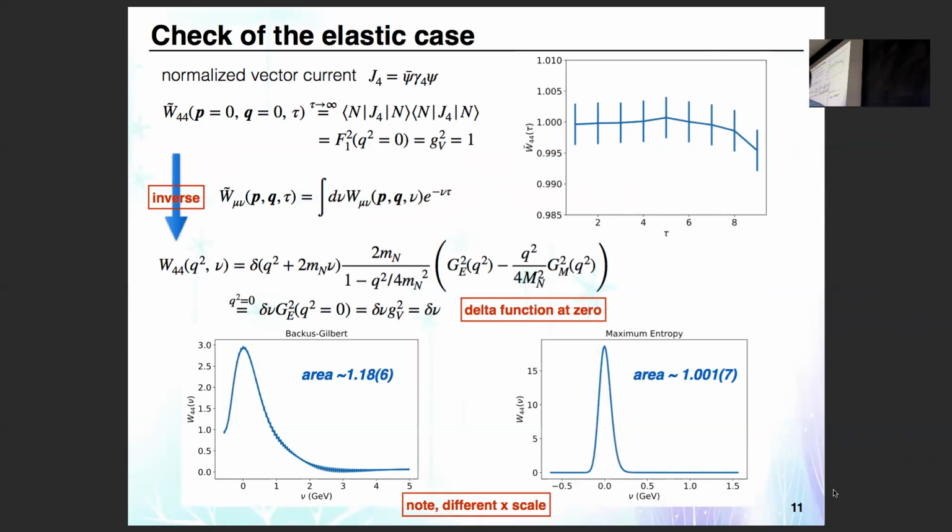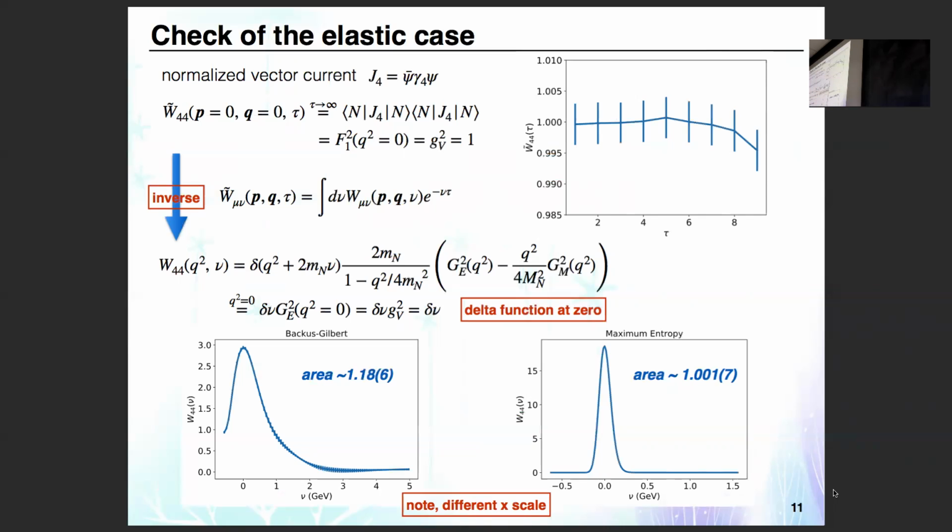It will be just F1 from the vector, which is the vector charge. Since we are using a normalized vector current, the vector charge squared should be 1. This is the numerical result. Up to tau 6, 7, it's very precise and very flat, it's 1. The tail is just affected by the excited states.